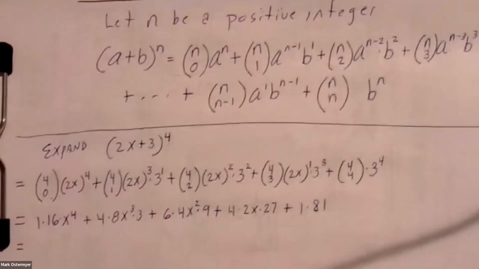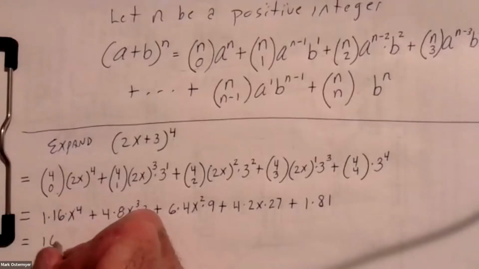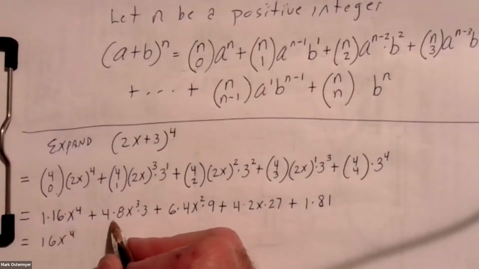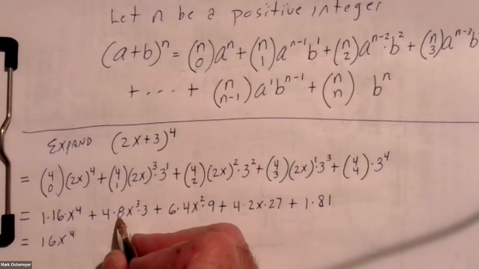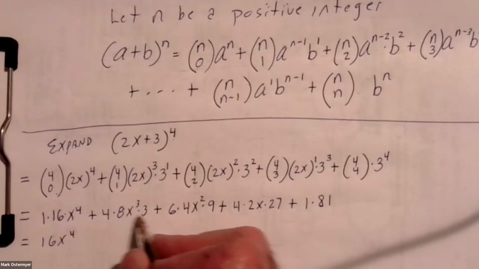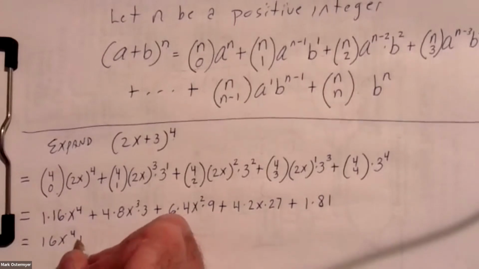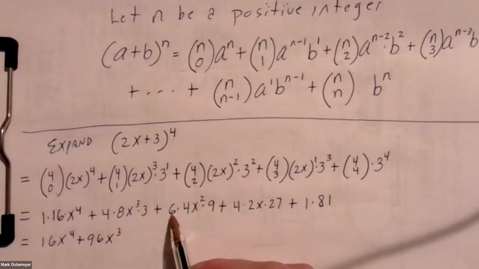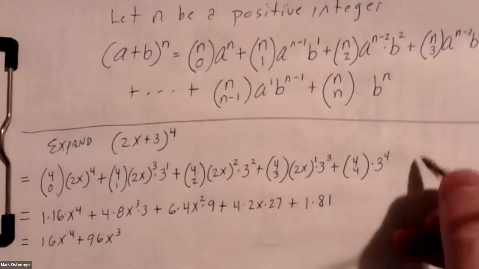All right, cleaning this up further, simplifying, we have 16x to the 4th. This is 4 times 8, which is going to be 32, and 32 times 3 is 96. So we got 96x cubed. 6 times 4 is 24, and 9 times 24 is what? What's 9 times 24? 216.